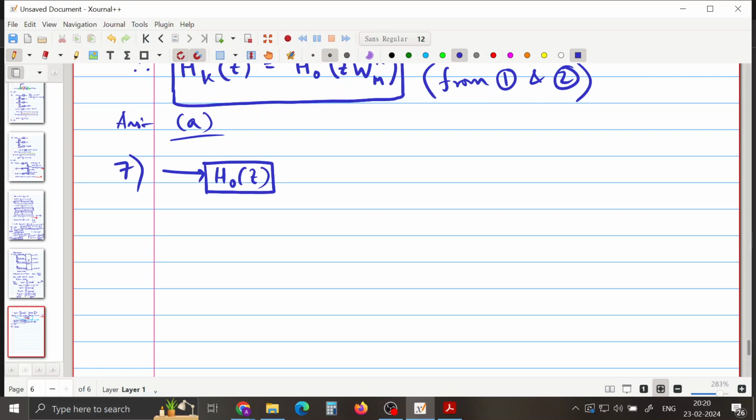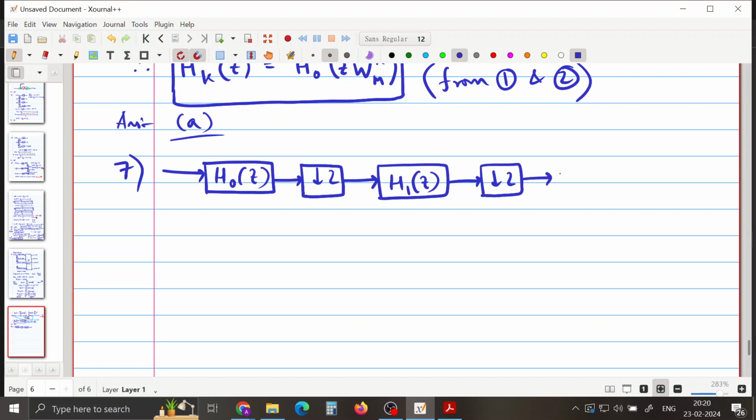We have first the filter H0 of z followed by a downsampler, then we have another filter, another downsampler, one more filter, and this is the final downsampler.